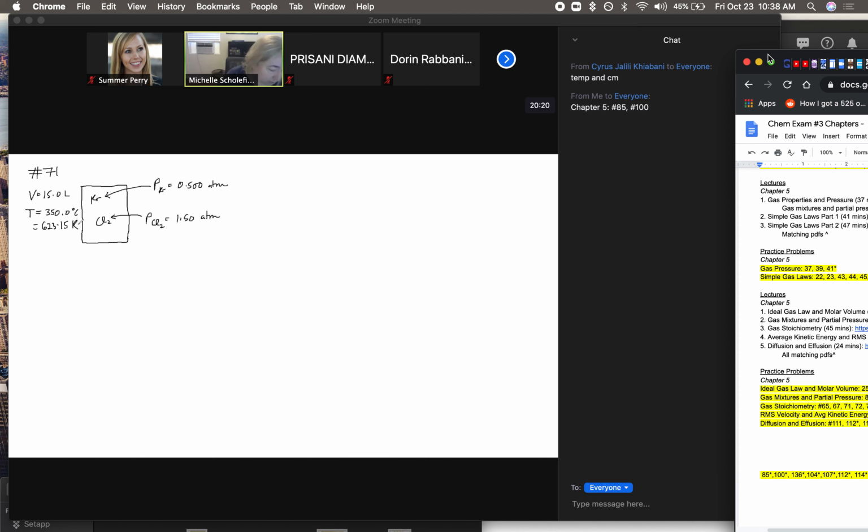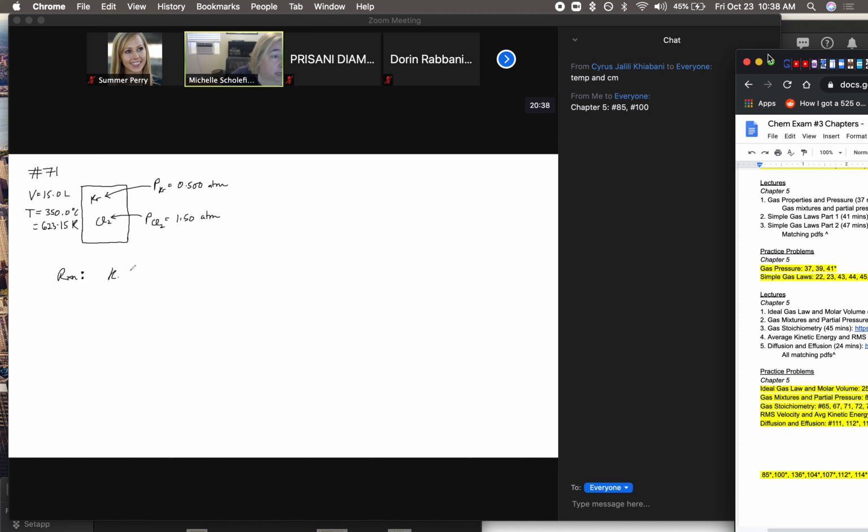Okay, well, what happens? It says that the krypton and chlorine react. So there's a reaction that takes place between the krypton and the chlorine. And what is that reaction? It says they react to form krypton tetrachloride. So we're going to have to write an equation for this reaction.